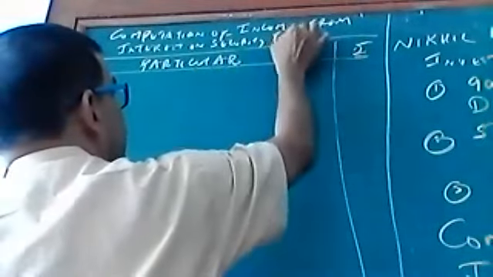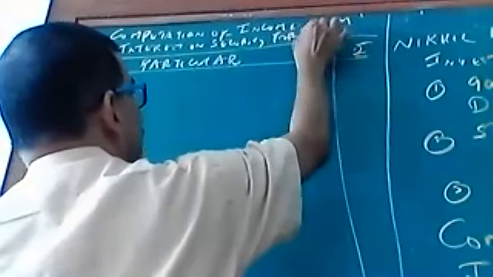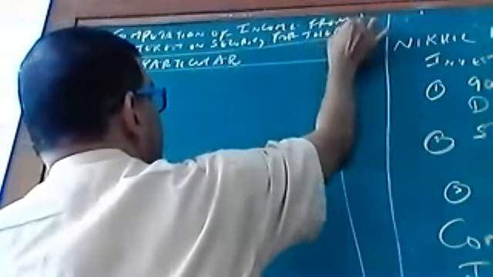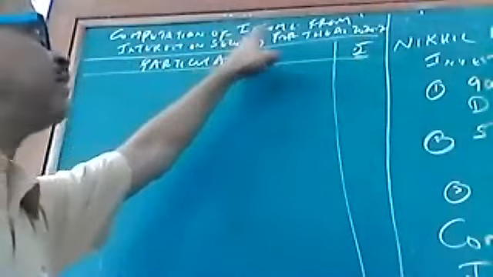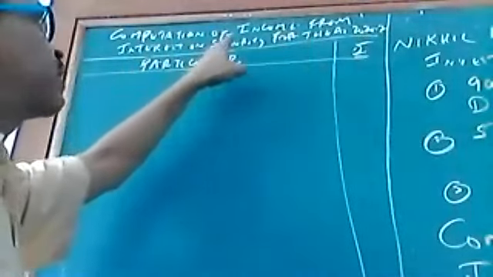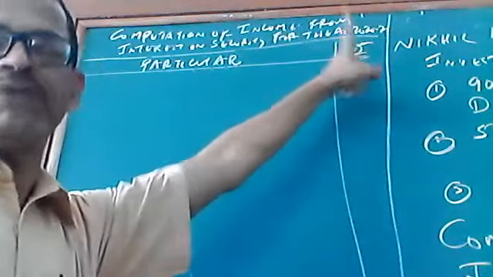I am writing in very small form for the assessment year 2020-21. The heading here to write: computation of income from interest on security for the assessment year 2020 to 21.